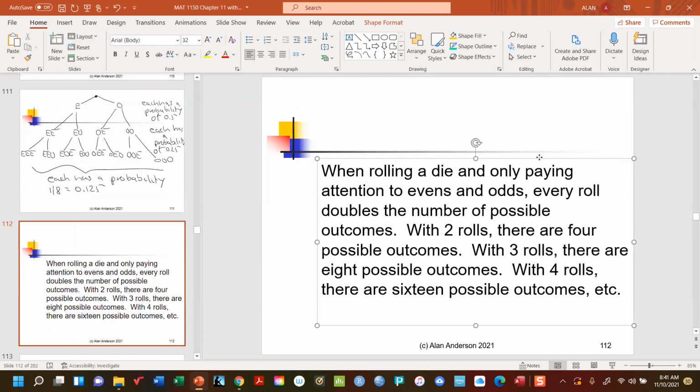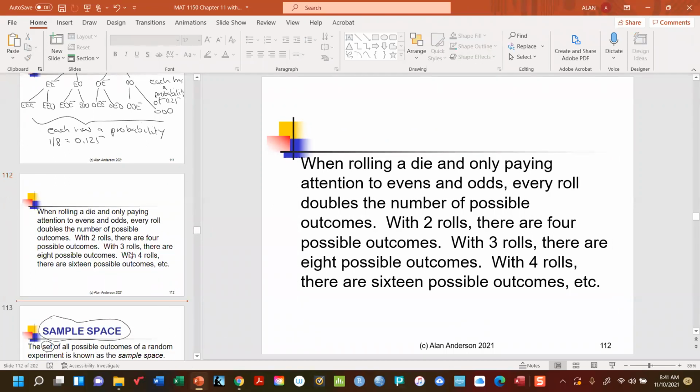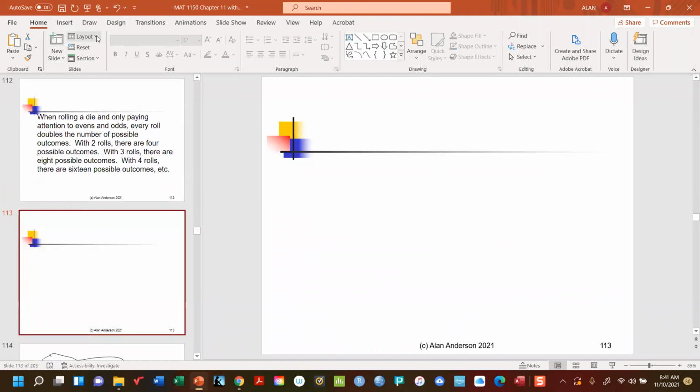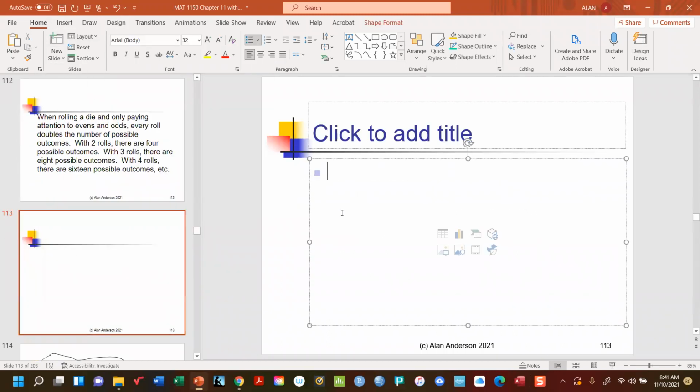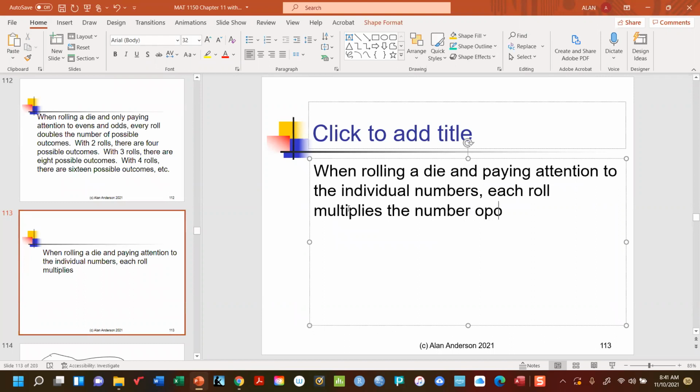Now, when you roll the die and actually look at every number, that's a different matter altogether. When rolling a die and paying attention to the individual numbers, each roll multiplies the number of possible outcomes by 6.